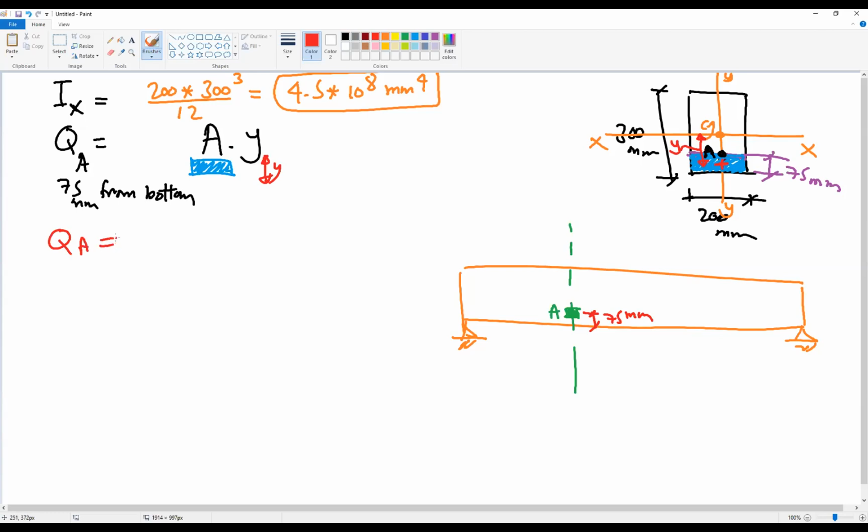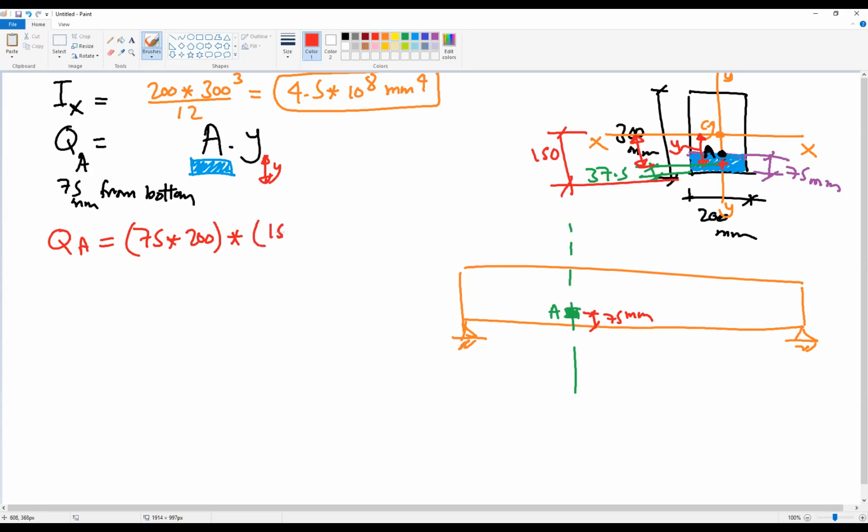So QA will be, how can we know the area? Area is 75 multiplied by 200, right? And what is Y? This is 75, so half of this is 37.5. So the distance we need to know is this one. How can we find this one? If the whole height is 300, so half is 150.